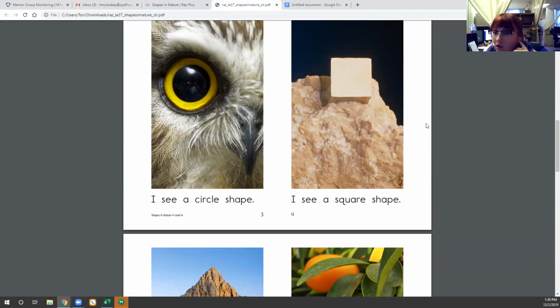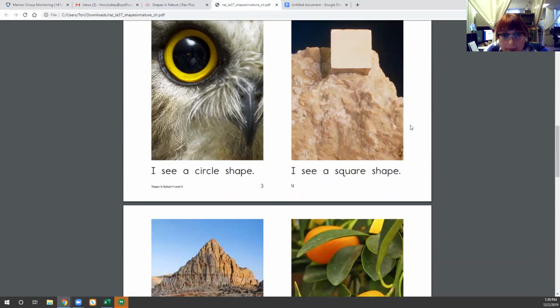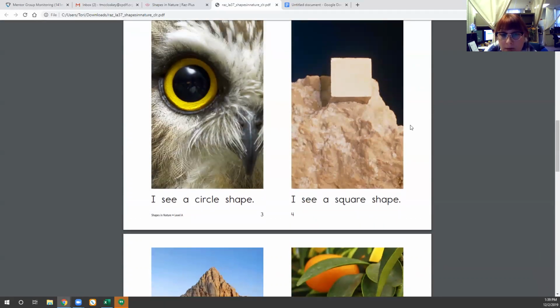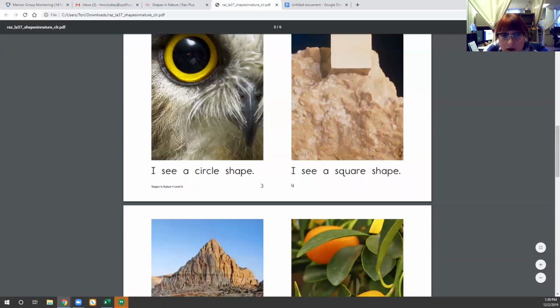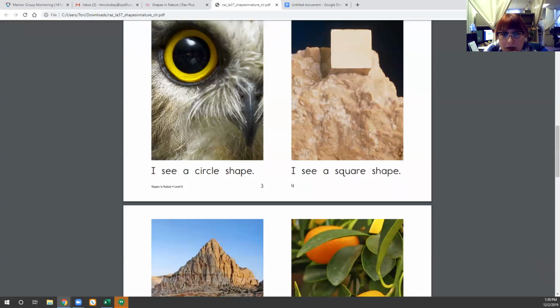I want you to visualize a square shape in nature. And I want you to draw that picture in your head on a piece of paper. So there are many shapes in nature. And does a mountain look like a triangle? It could. It could also have a little square to it.